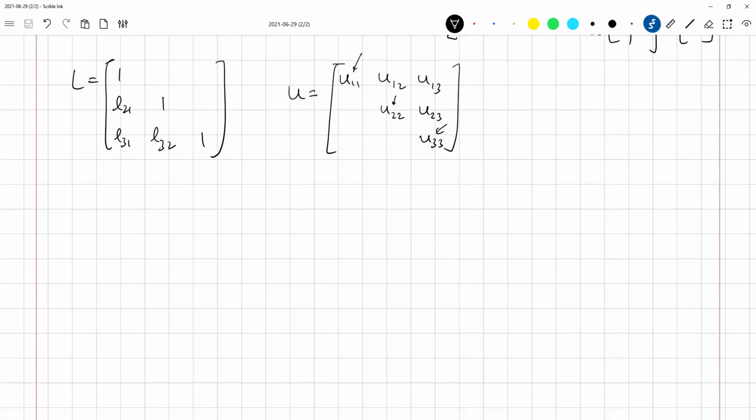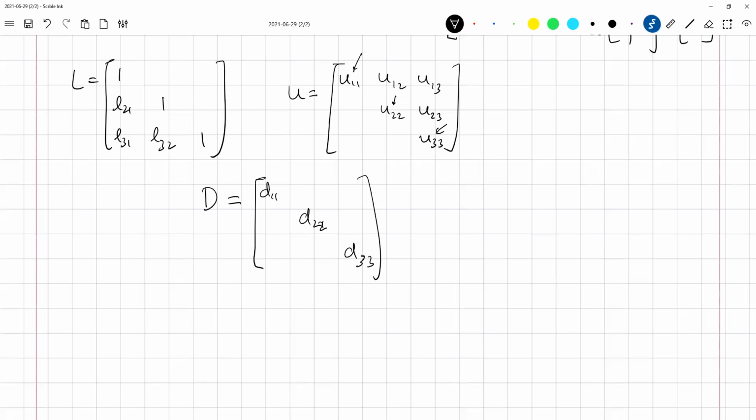Let us create a new matrix called D. Okay, so D becomes equal to what? This is how D looks like. Okay, so D11, D21, and D22 and D33.